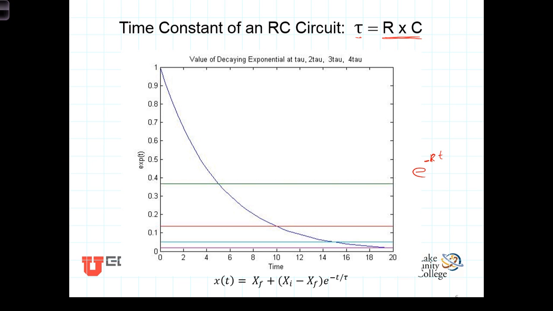So if we had a circuit with a voltage source and a resistor and a capacitor, that would be R and C, and that's our voltage source.